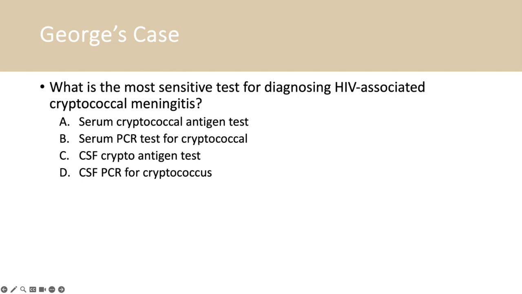Not always, but okay. What is the most sensitive test for diagnosing HIV-associated cryptococcal meningitis? Serum cryptococcal antigen test, serum PCR for cryptococcus, CSF cryptoantigen test, or CSF PCR for cryptococcus?